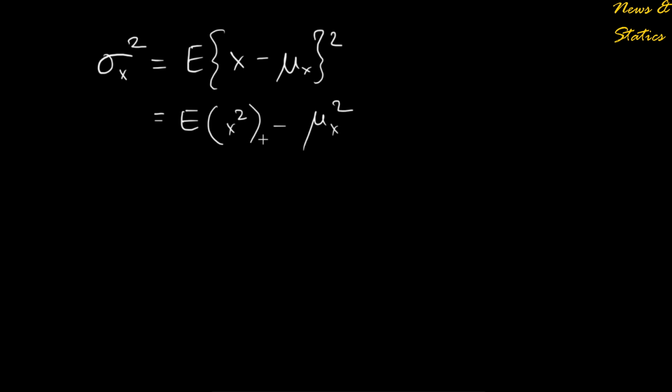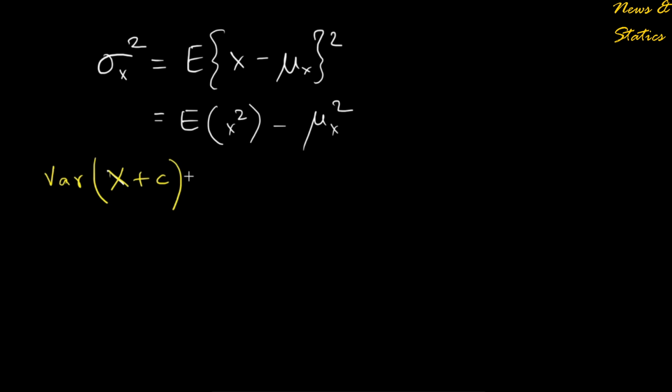Another important concept is that if I replace x with x plus c, then both x and mu x are translated by c. So the difference of x and mu x is still unaffected.